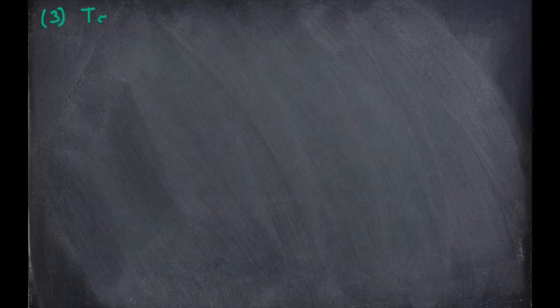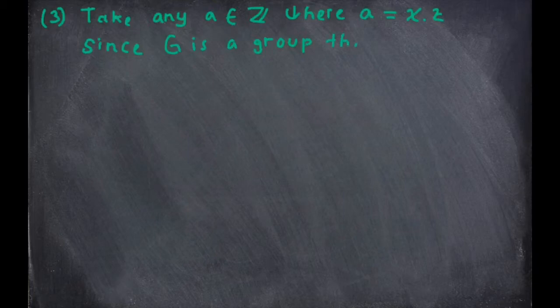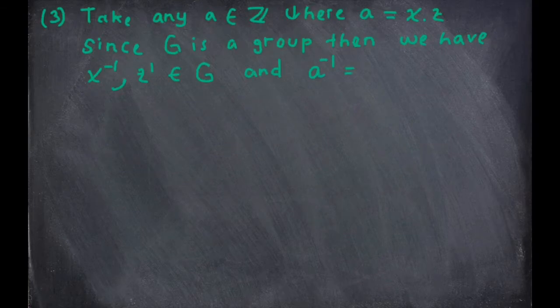So take any A in Z where A is equal to xz, and since G is a group, then we have X inverse and also Z inverse in G, and we also have A inverse equal to X inverse times Z inverse in G.